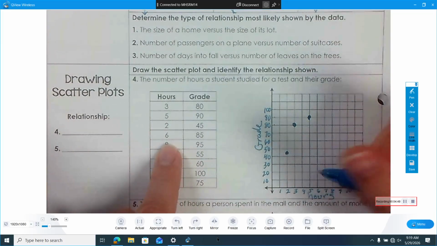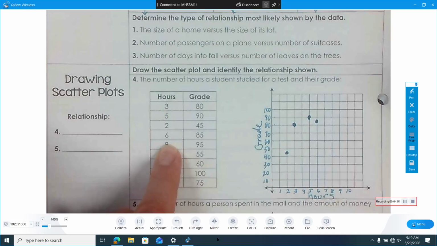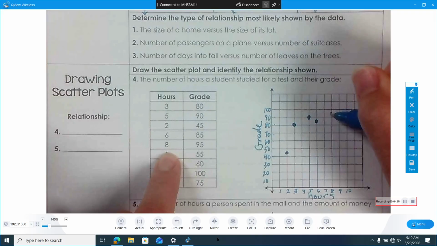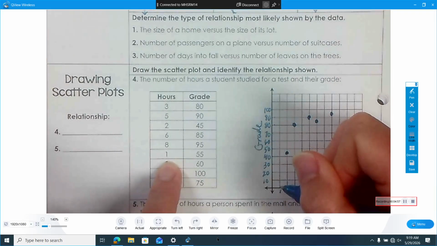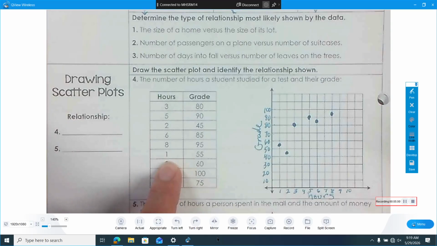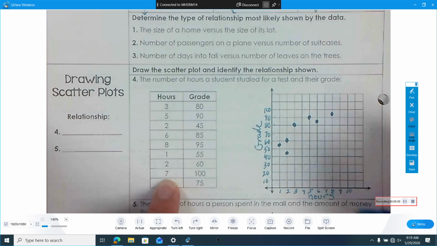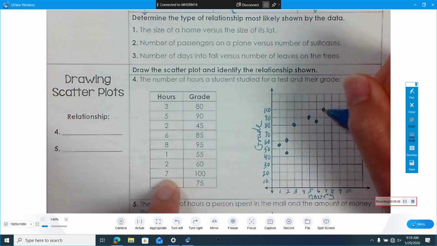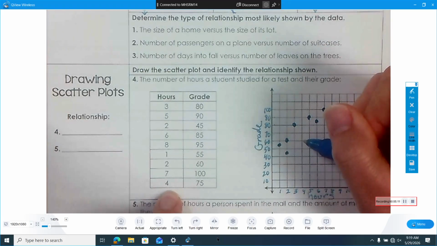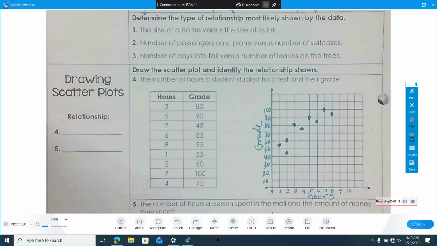All right, so keep going. Hopefully you've got those just about plotted on your scatter plot.